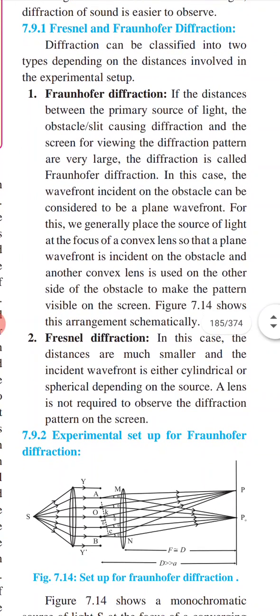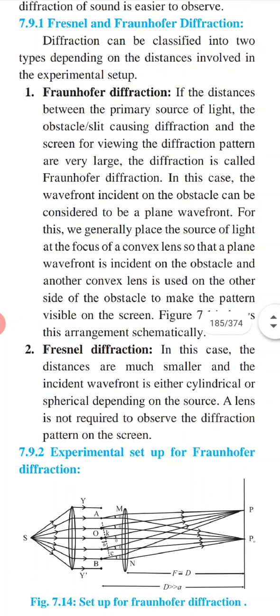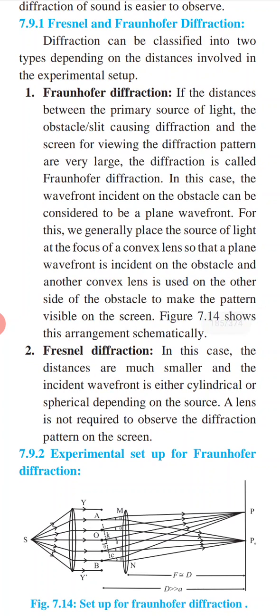Now Fresnel and Fraunhofer diffraction. Diffraction can be classified into two types depending on the distances involved in the experimental setup. Fraunhofer diffraction: if the distances between the primary source of light, the obstacle or slit causing diffraction, and the screen for viewing the diffraction pattern are very large, the diffraction pattern is called Fraunhofer diffraction.